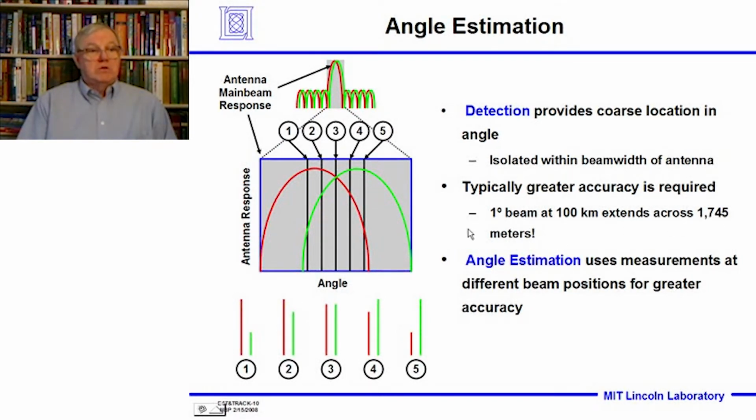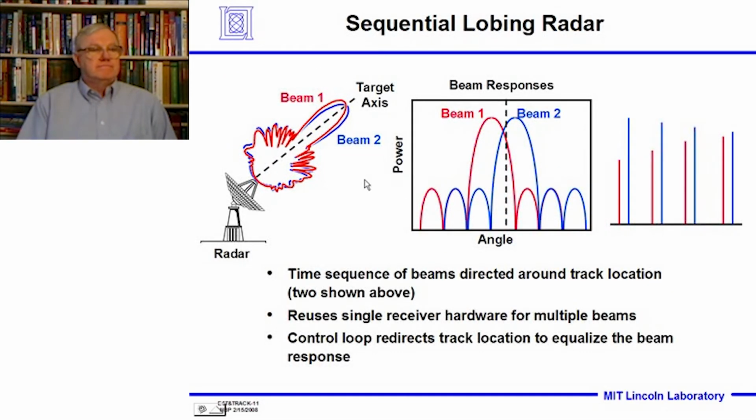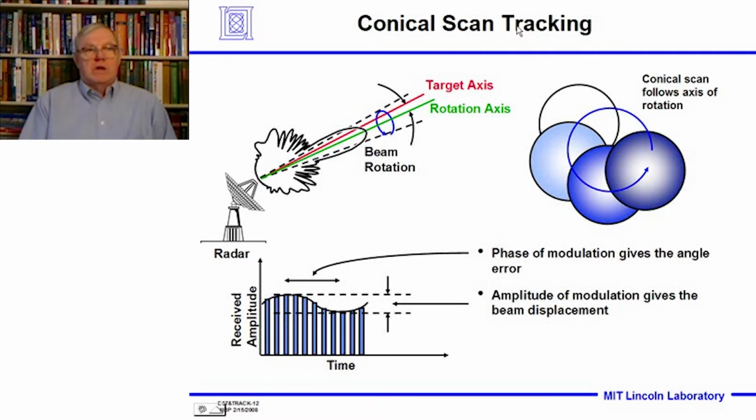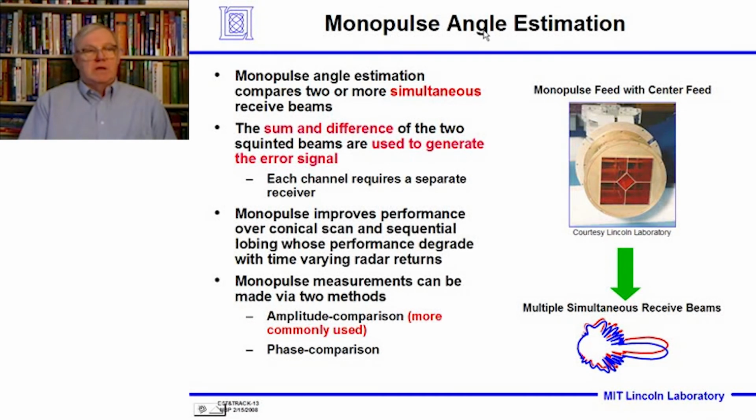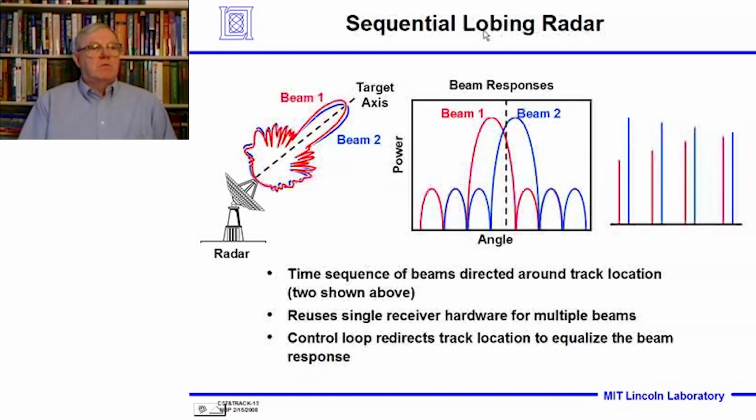So what we need to do is use angle estimation techniques which give measurement accuracies much greater than the beam width. Now, there are a number of different ways we can do that. One, we can use sequential lobing. Another, we can use conical scanning. And a third, we can use monopulse techniques. And I'm going to discuss them one at a time.